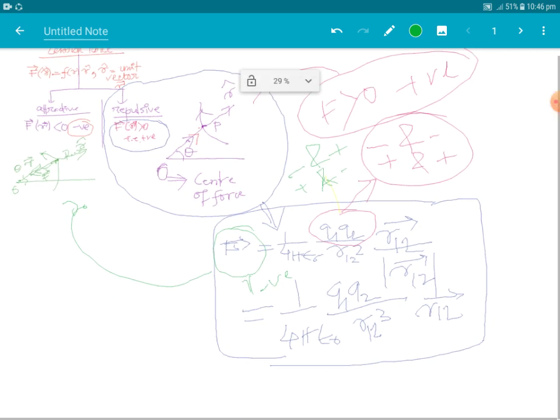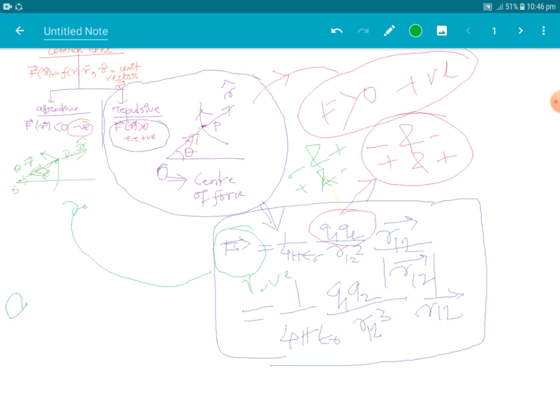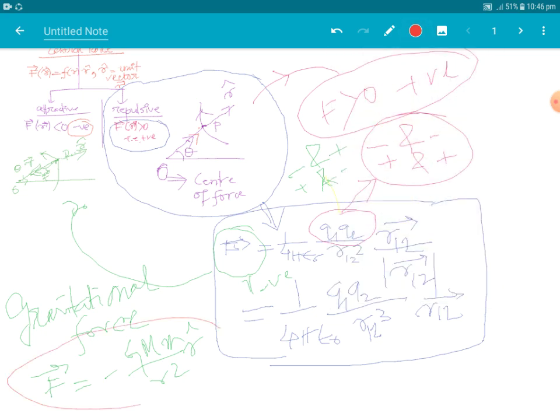Again, in case of gravitational force, F is always negative G M m by r square into r cap. So this is always attractive in nature. These are the examples of central force, both repulsive and attractive.